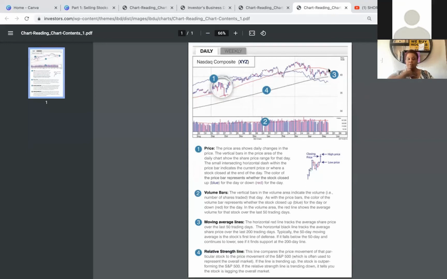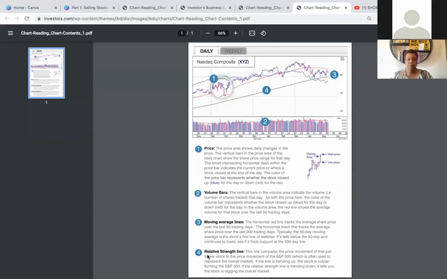Over the last 50 days, you can see the movement of the stock. Has it been going up or has it been inching down? Again, this is relative to your decision on whether or not you want to buy it.